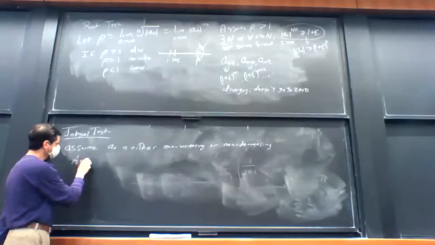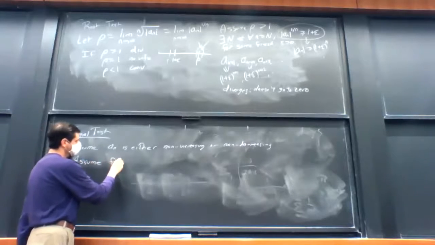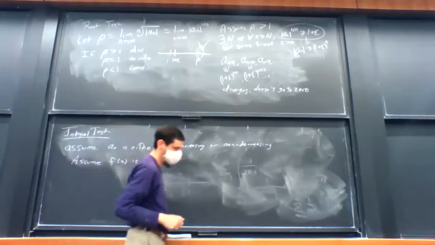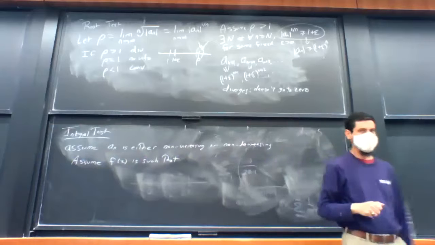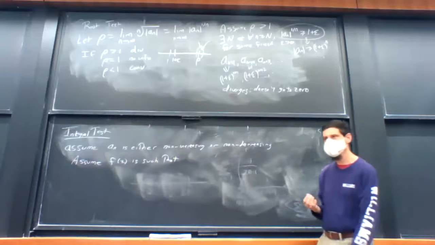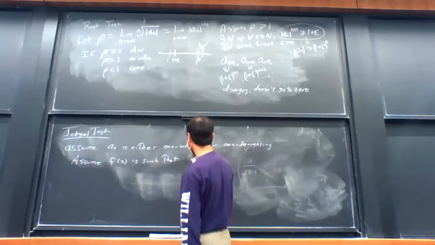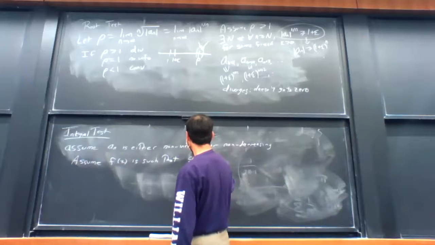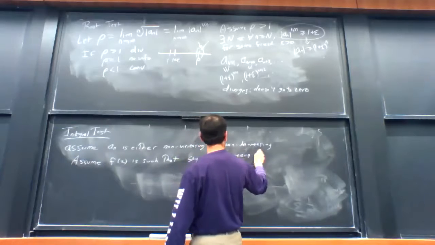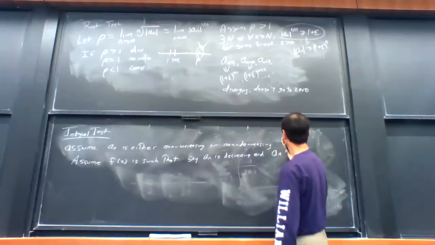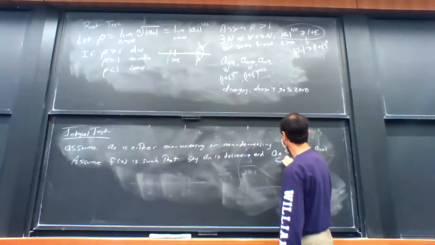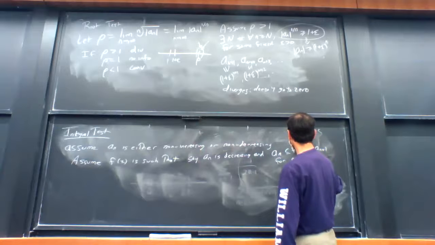So assume f of x is such that, and I'm going to be a little cavalier here, you can look at the book for the full rigorous statement. You can look at the video for the full rigorous statement. We'll assume that, say, a_n is decreasing, and a_n is greater than or equal to f of x, which is greater than or equal to a_(n+1), for n less than or equal to x less than or equal to n+1.